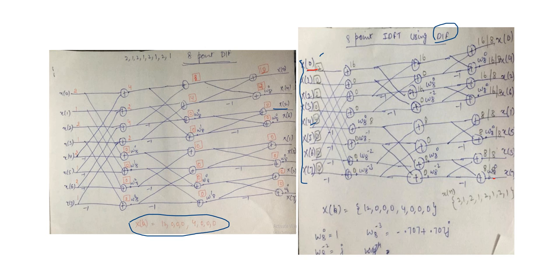This 12 is coming from this side, 4 is coming from this side, 12 plus 4 is 16, and the rest are all zeros. First 4 points are covered. Next 4 points we will do the calculations.